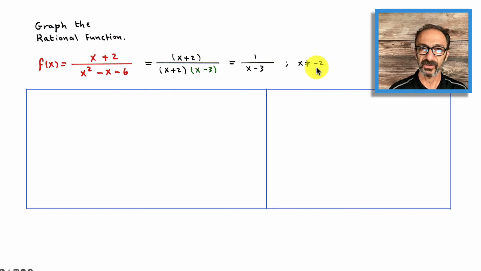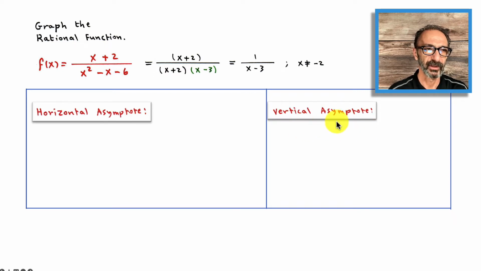Because if x equals negative 2, as I mentioned, this will be 0, and this will be 0. 0 over 0 is undefined. So, excluding this value, I end up with this fraction. I could keep talking, but let's summarize the ideas in writing.